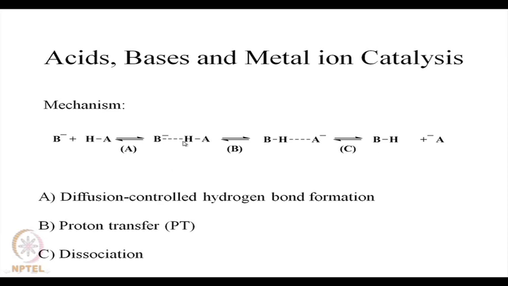Now, here what happens is that there is a bond formation, a hydrogen bond formation between this base and this acid. Then this HA bond stretches, and this hydrogen bond length squeezes, and as a result the hydrogen shifts its position from this region to this region, moving this way.